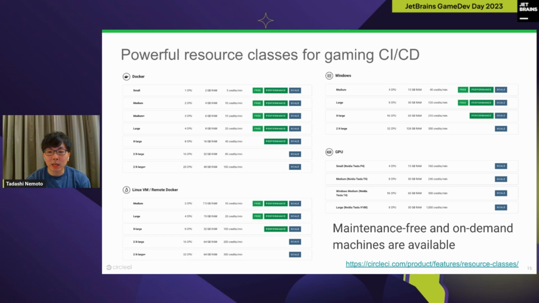In addition, these resource classes have options, for example, medium, large, or X-large. You can easily customize which CPU or memory you want to use. As you know, gaming CI/CD needs lots of memory and CPU, so you can optimize these builds and tests and run them faster.